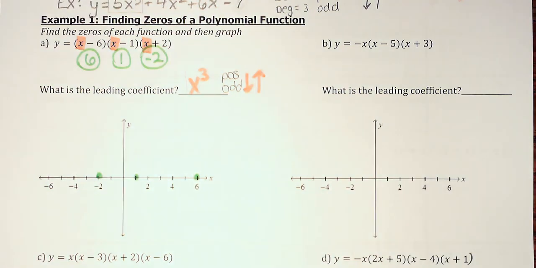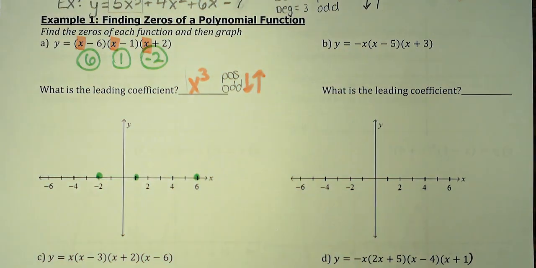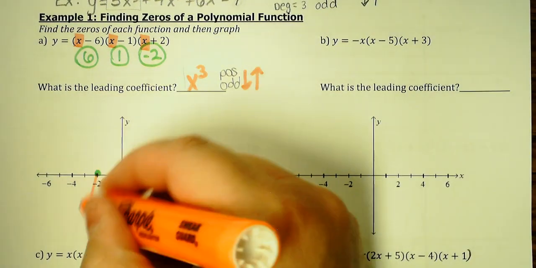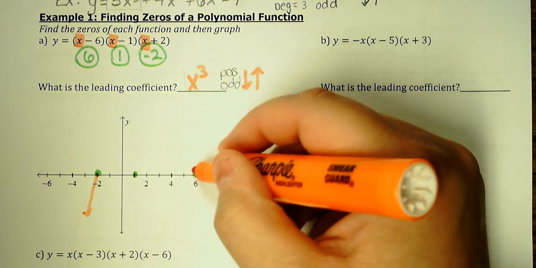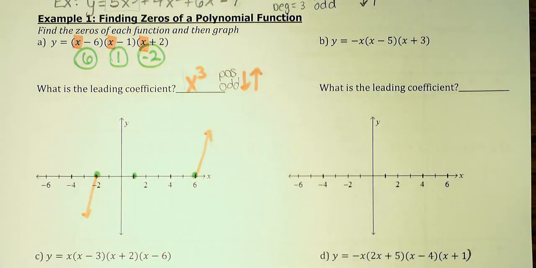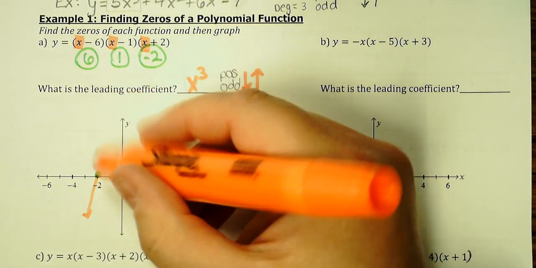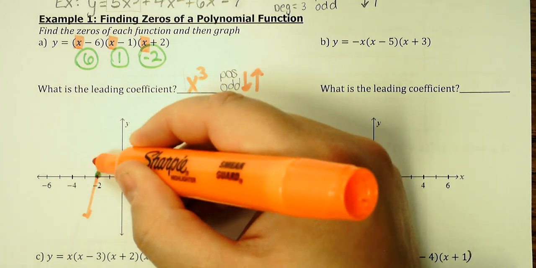Now, I always start with the end behavior. So I know this is positive and odd, so it should go down at the beginning and up at the end. So down on the far left and up on the far right. And then we don't have any multiplicities here. We're going to talk about that on the back. But if we just have plain zeros here, you're just going to go through the x-axis.